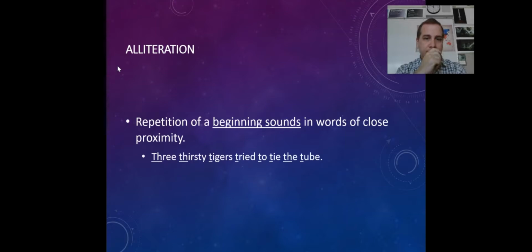But those of you who are listening closely might notice that these are not all the same sound. "3" and "thirsty" make a different sound than "tigers tried to tie the tube." Tigers, tried, tie, and tube all make the strict T sound. "3" and "thirsty" make the th sound, and "the" makes the th sound, right? So it looks like they're all the same, but it still makes kind of a musical effect.